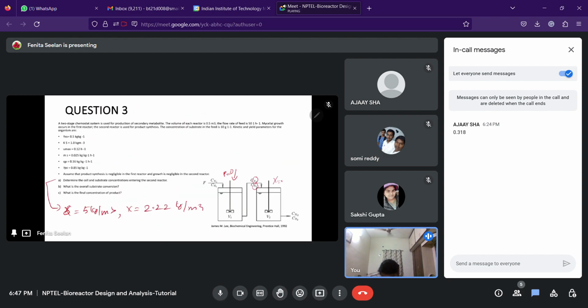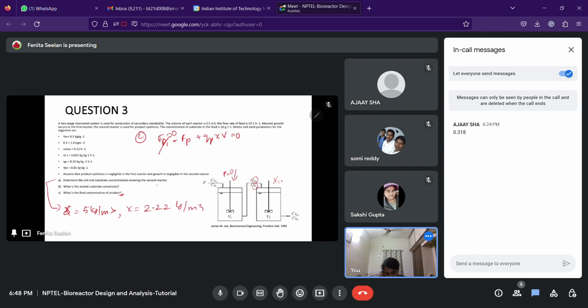So, what is question C? What is the final concentration of the product? For this, we have to start from our product balance. Here it is clearly mentioned that your product is not formed in the first reactor. So in case of C, the product concentration we are finding by mass balance at steady state, equal to 0. Here this term becomes 0 because the inlet product in your first reactor is not there.